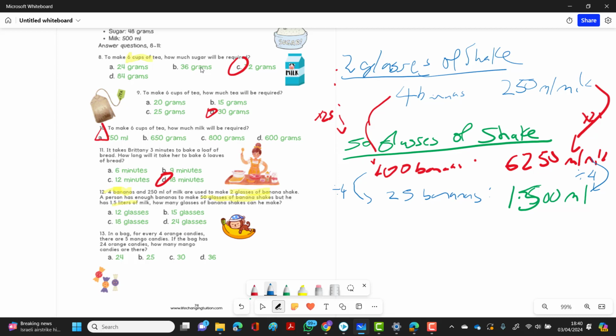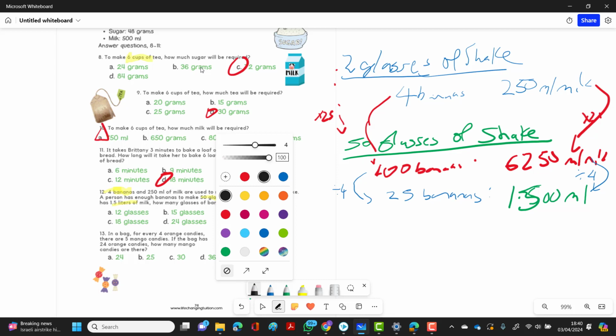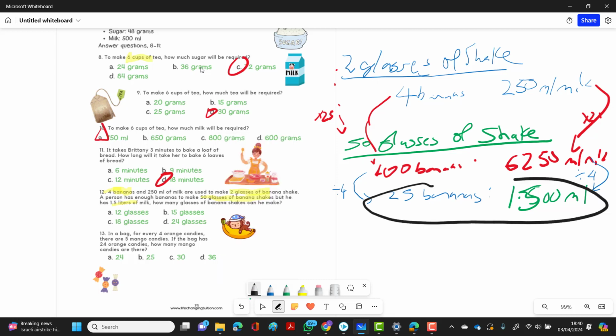So how many glasses of milkshakes can you make using this?